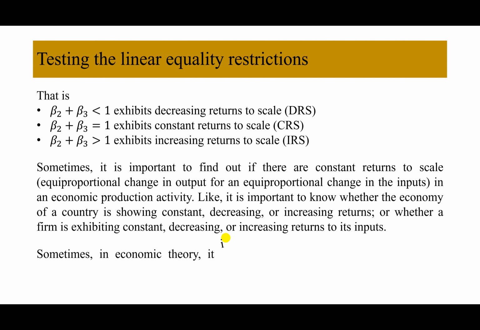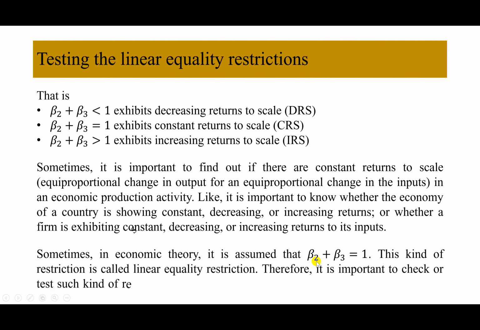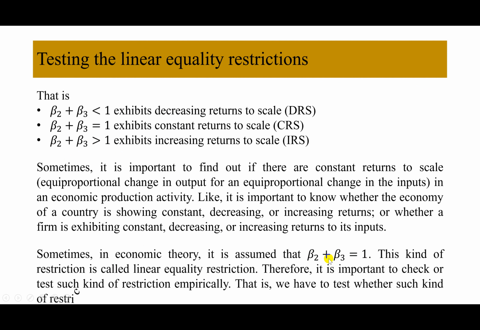Sometimes in economic theory, it is assumed that beta 2 plus beta 3 equals 1. This kind of restriction is called a linear equality restriction. Beta 2 plus beta 3 equals 1 shows a linear relationship between beta 2 and beta 3.